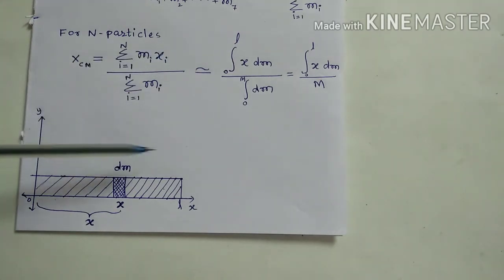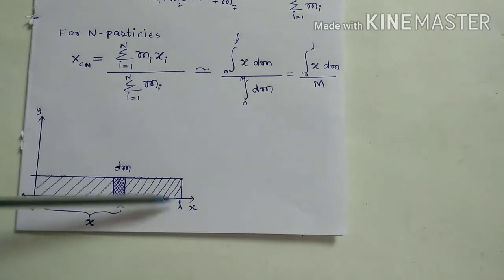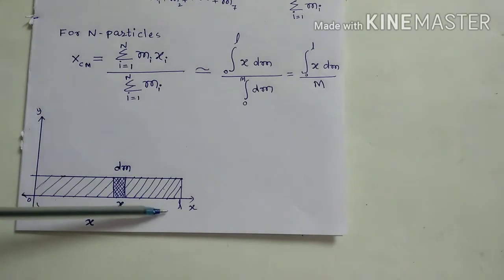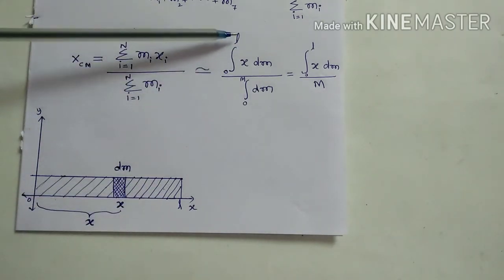So you have to integrate, which means you have to add from here to here. Suppose this total length is L. From 0 to L you have to add, so I am putting the limits from 0 to L. This is the lower limit, this is the upper limit.